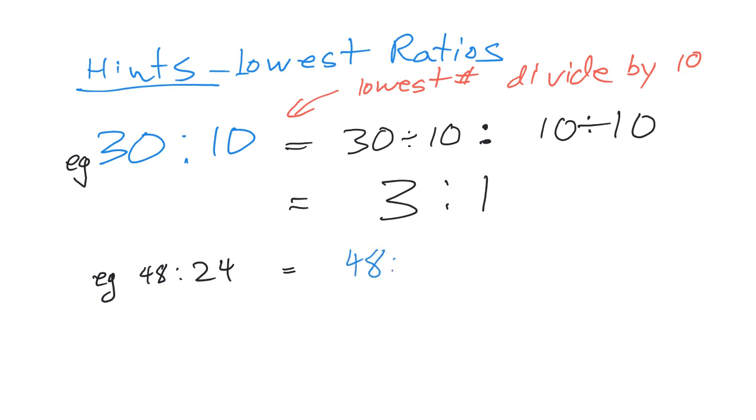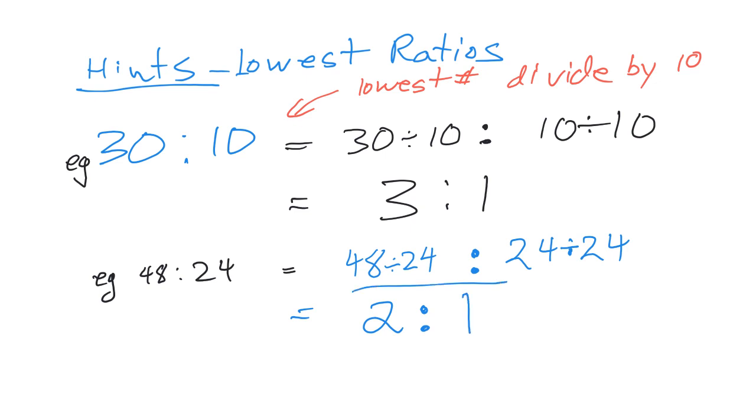When I divide 48 by 24, we get a nice number, 2. And we write our colon, and 24 divided by 24 gives us 1. And there is our answer here, a ratio of 2 to 1.